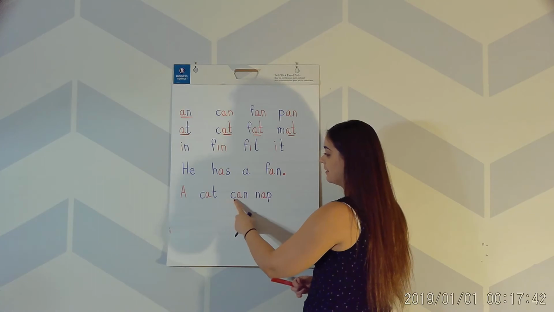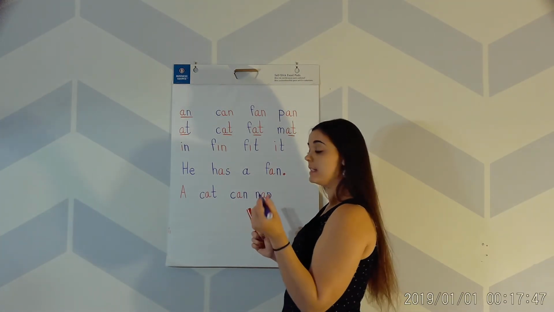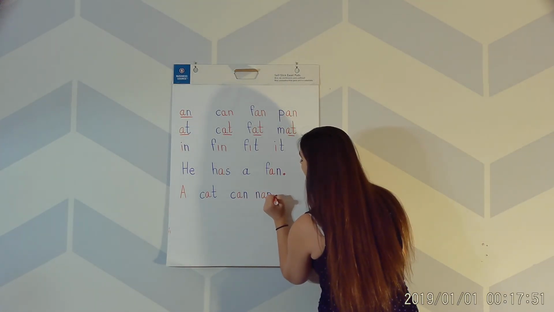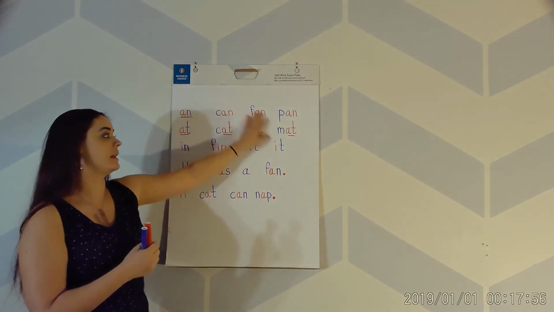A cat can nap. So what's our sentence missing here? That's right, it's missing punctuation. It needs to have a period at the end. Alright, so once more, let's go ahead and read our blending board.